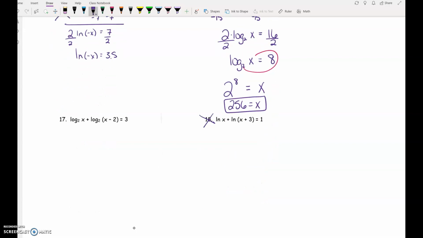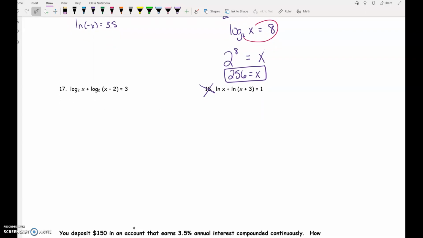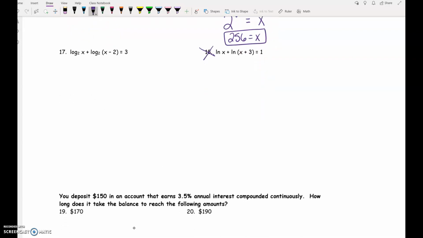All right, let's look at number 17. Number 17 is kind of like what we saw on the previous page. There are two logs on the same side. So our first step is to condense. So log base 2 of x times x minus 2 equals 3.